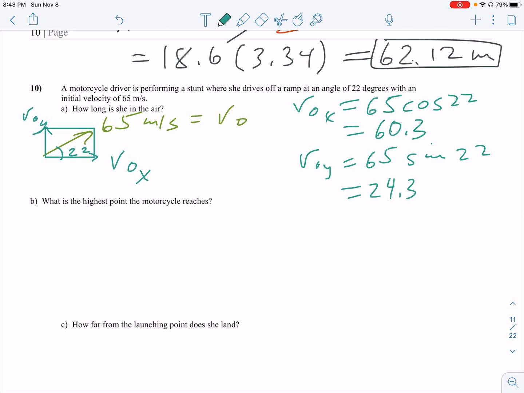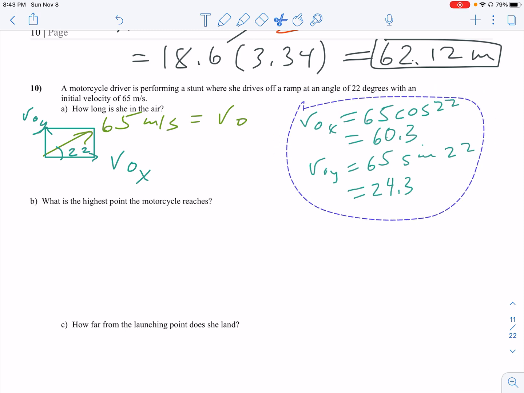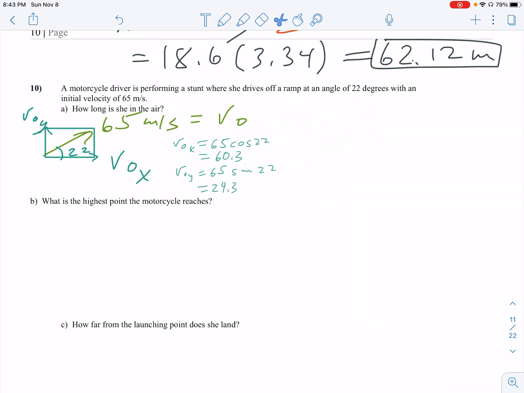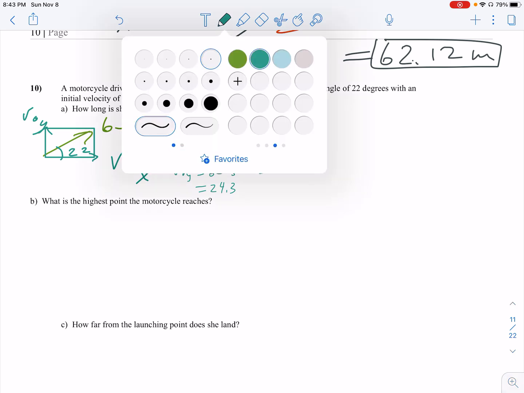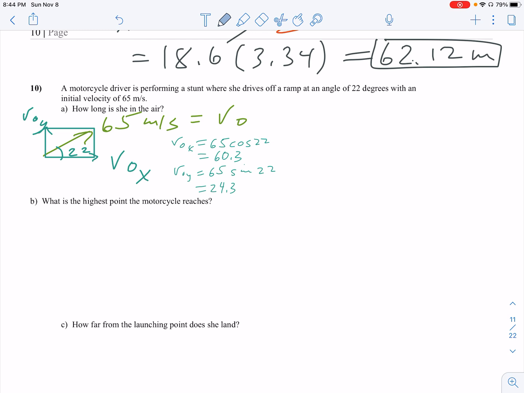So how long is she in the air? So I have to find the time it takes to get to the top. And then I have to find double that time, just like we did before. So let's use the y values because I know at the top, right here, vy is 0.